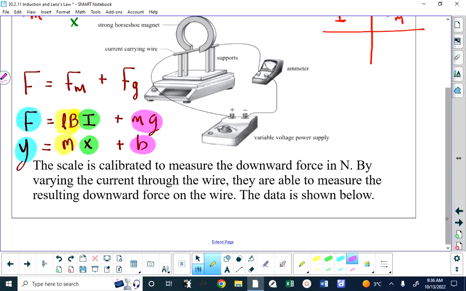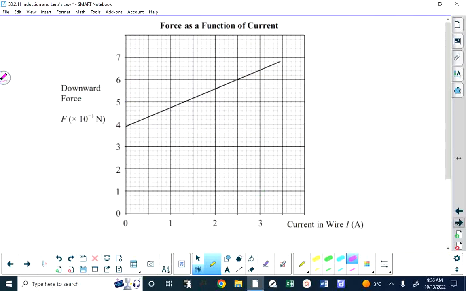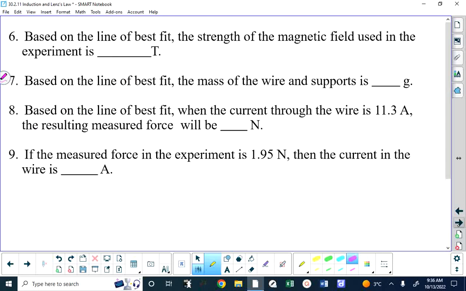So if you're asked, well, what's the strength of the magnetic field? We've determined that the slope equals the length of the wire times the magnetic field. So to get B, you take the slope divided by the length of the wire. Okay? We'll get to the calculations in a second. What is the mass of the wire and supports?